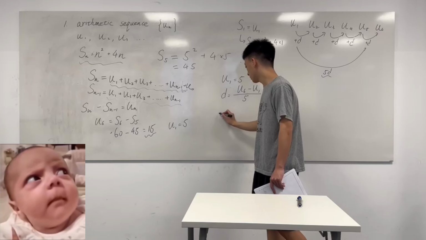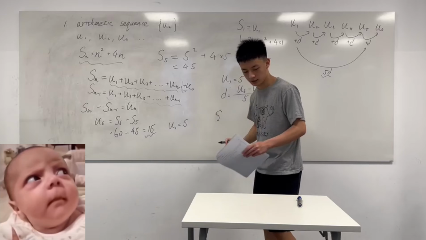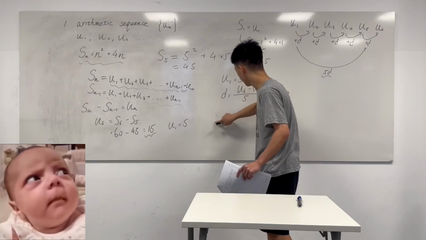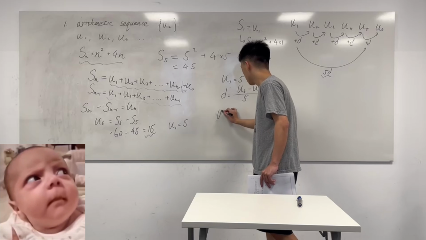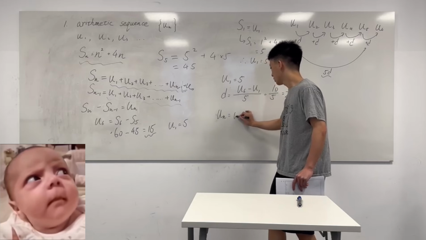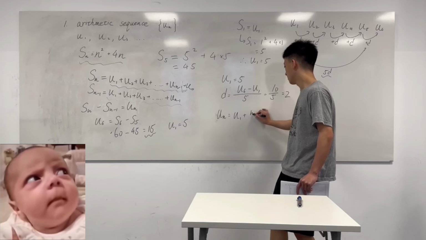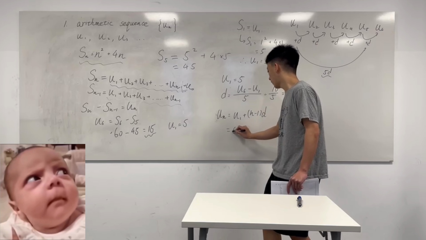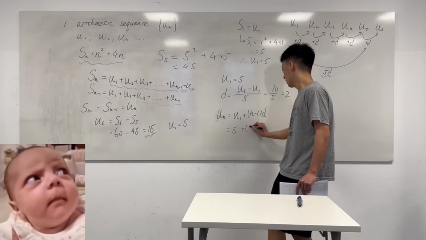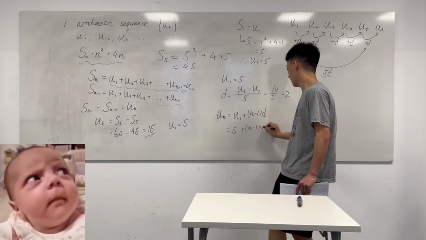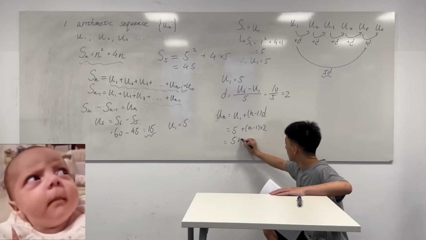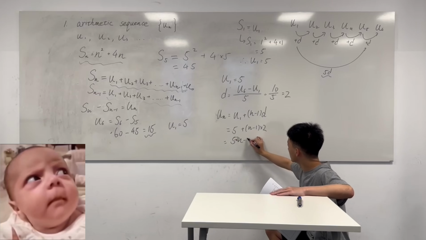And we know that Un is equal to U1 plus n minus 1 times d, which is 5 plus n minus 1 times 2, which is 5 plus 2n minus 2.